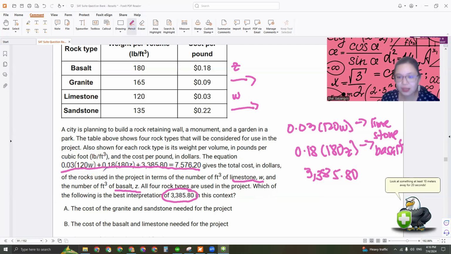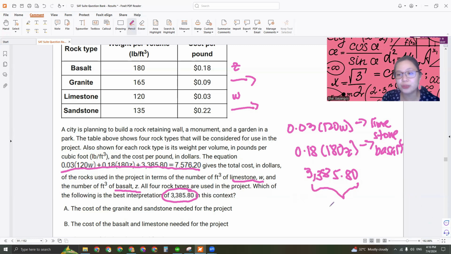So this amount already encompasses the total cost of the two rock types that haven't been covered, which is granite and sandstone. So this value tells us the total cost of granite plus sandstone, making A the correct answer, right?